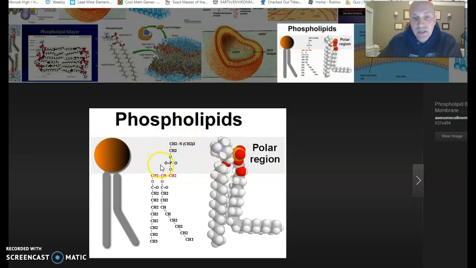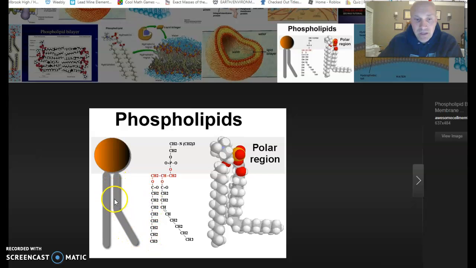Even though this is the molecular structure of a typical phospholipid, a lot of times it's represented like this. This straight line right here would represent a fully saturated fatty acid.